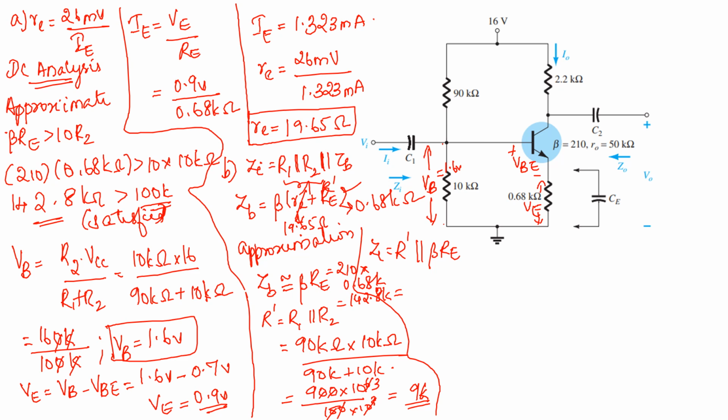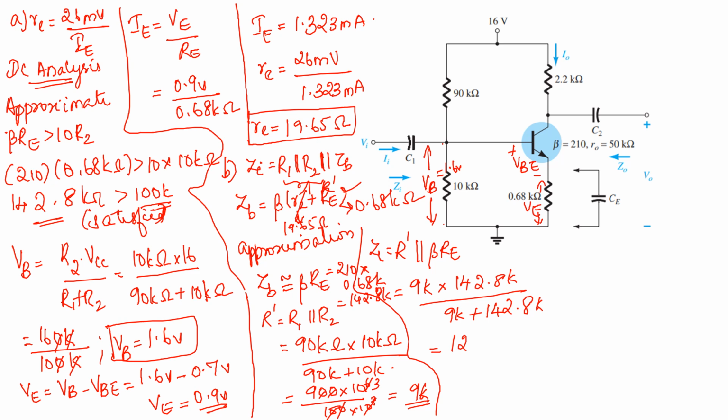So Zi is equal to, what will be the value? 9K into 142.8K divided by 9K plus 142.8K, right?